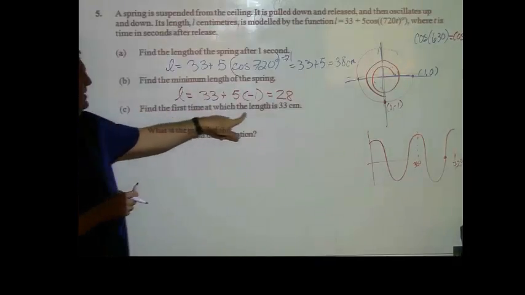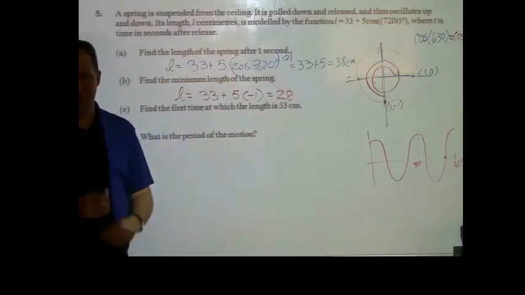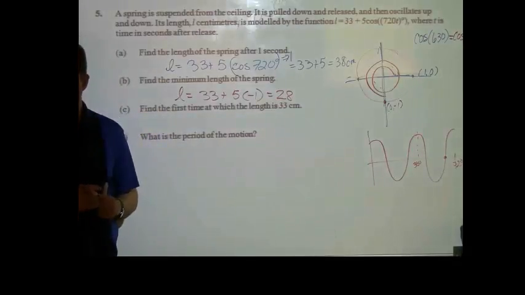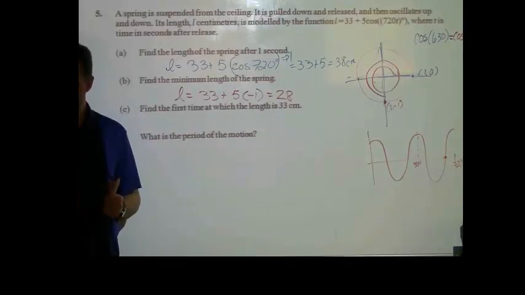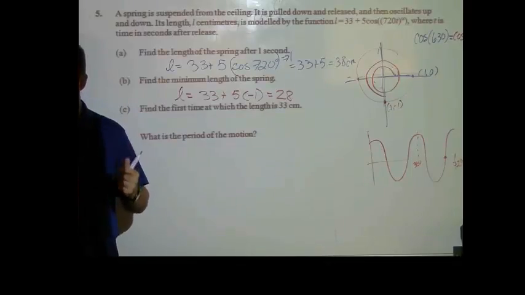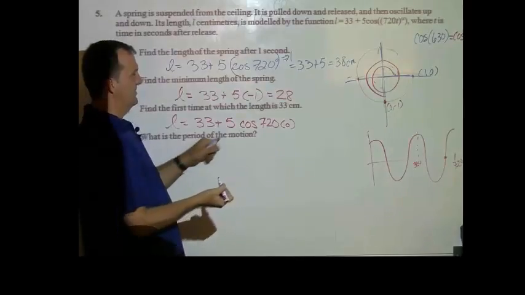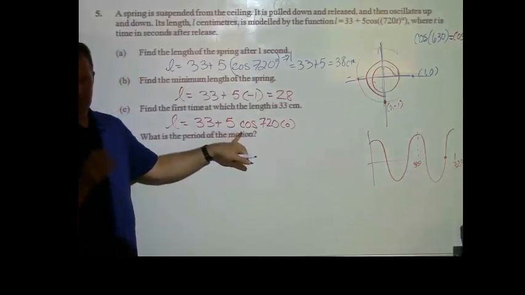At what time is the length 33 centimeters? When its cosine value is 0. And the question is, at what time will that happen? Do you see what I'm writing here? I'm testing what she just said.